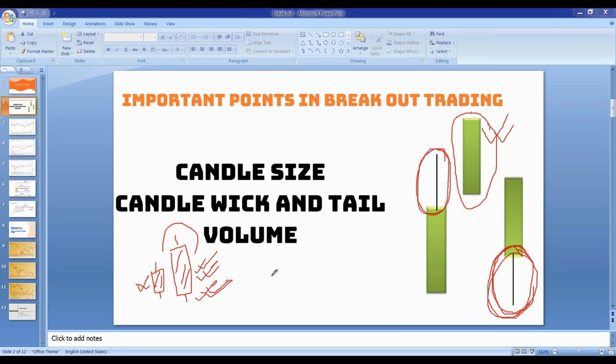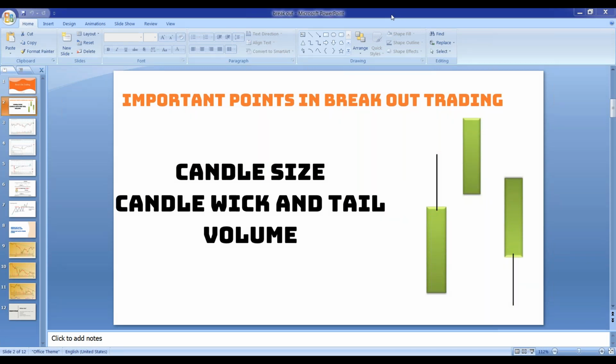Second point is wick and tail. Now suppose you are looking for a breakout, and suppose this is a horizontal resistance. Those who don't know resistance and support, I will be sharing some images, but please try to understand. I hope you are all aware about resistance and support. So suppose there is a resistance, and this resistance is getting broken, and then afterwards this wick is getting formed.